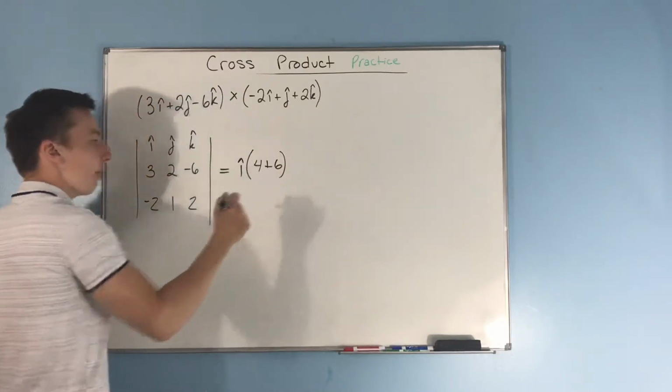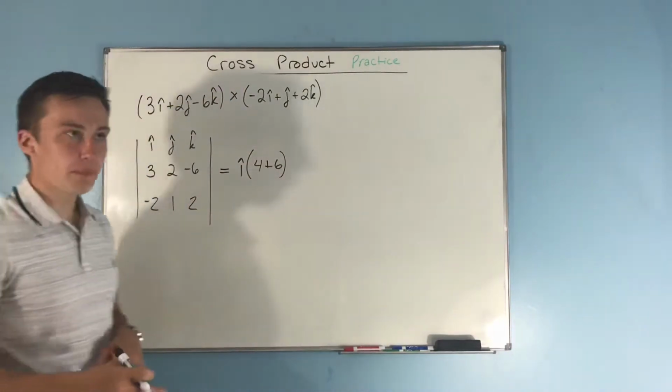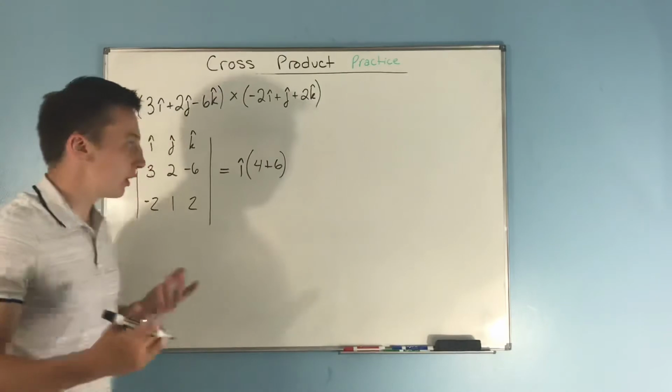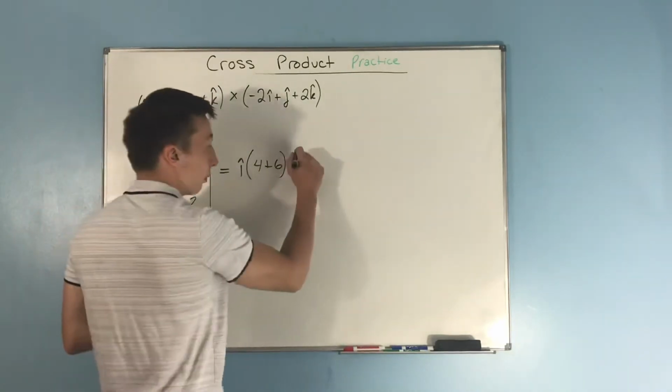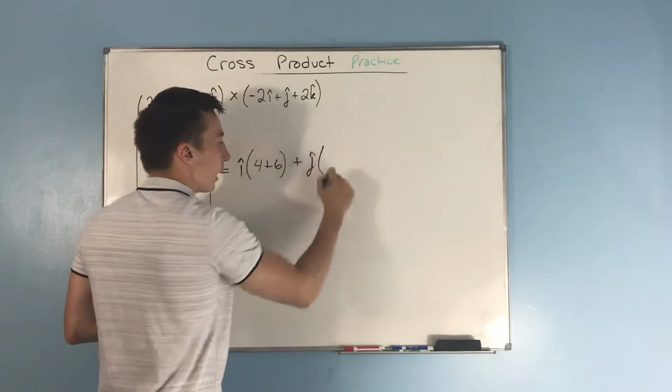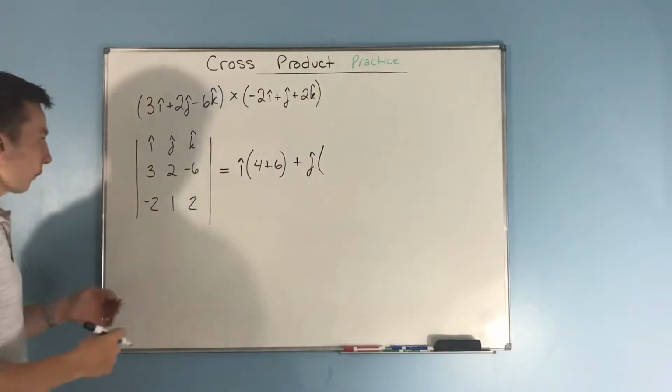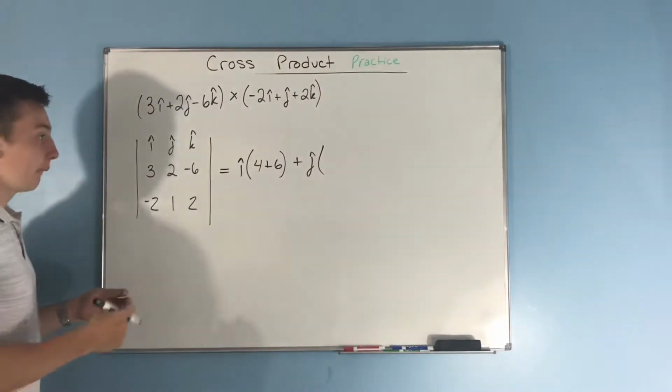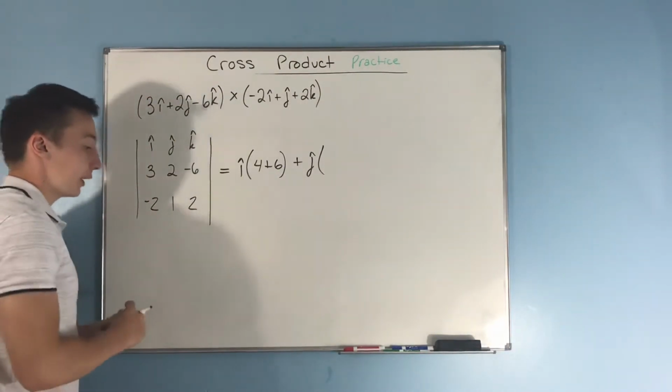Then you have minus j hat, and real quick here, you can do this if you want: you can say plus j hat and just switch the order of how you find the determinant of the 2 by 2 matrix.